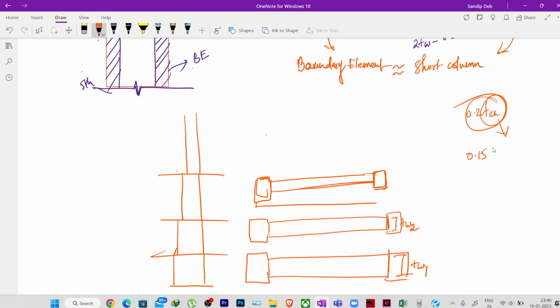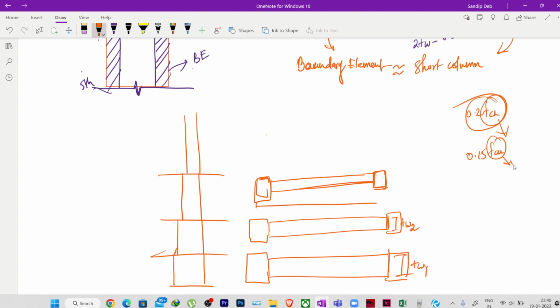Also this one is related to the grade of concrete, right? Suppose I have a 20-story building, and after the 12th floor the stress reduces to less than 0.2 fck.